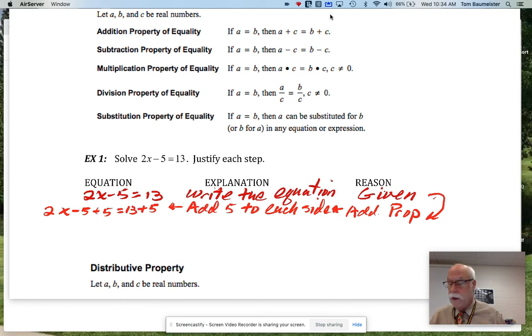A lot of times you would put it underneath, but I didn't give us enough room there, since I'm trying to keep it to one page for you. Once we do that, what you would do next is simplify. So we go to our next step, and when I simplify, that means we're going to combine like terms.